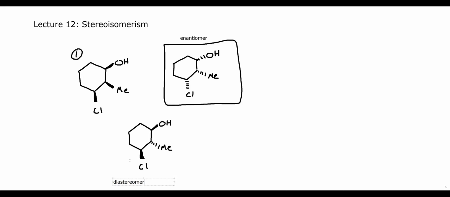And this is another type of stereoisomer. We have enantiomers and we have diastereomers. Diastereomers, these are stereoisomers. They are not superimposable, and they are not mirror images.